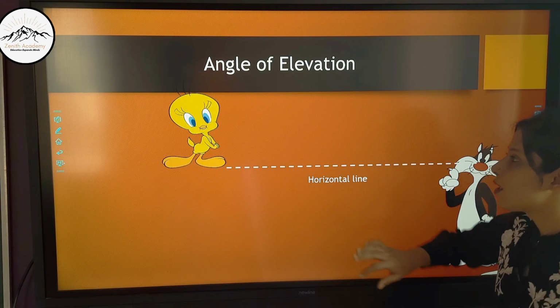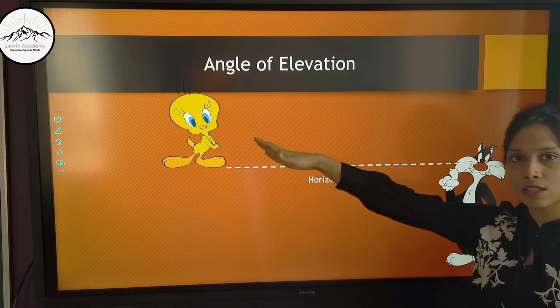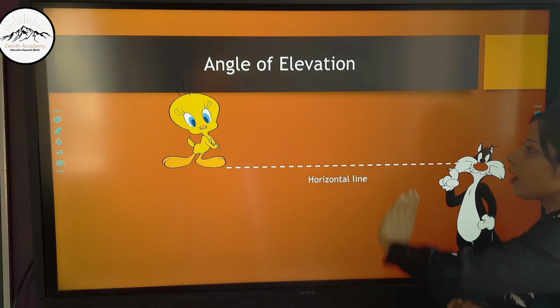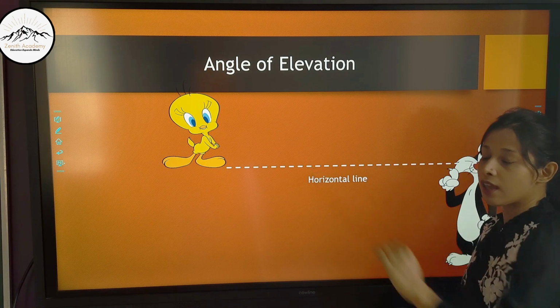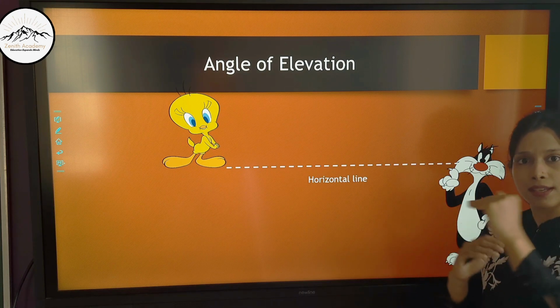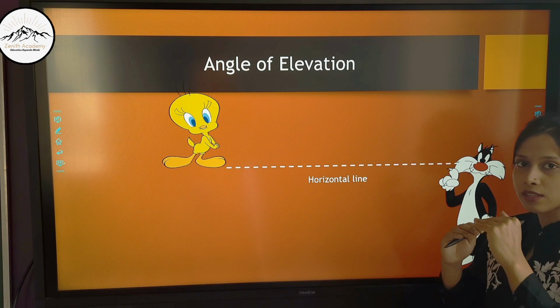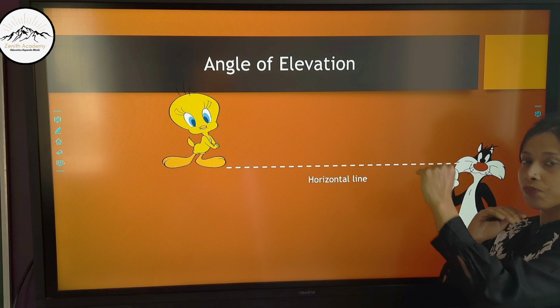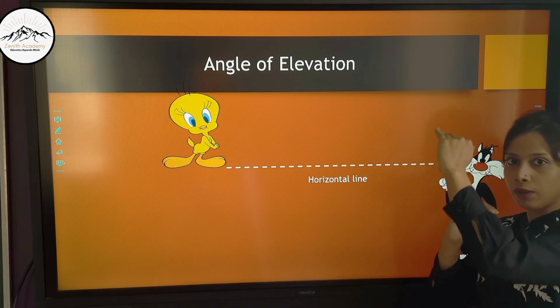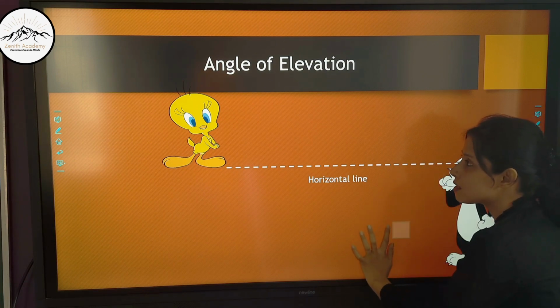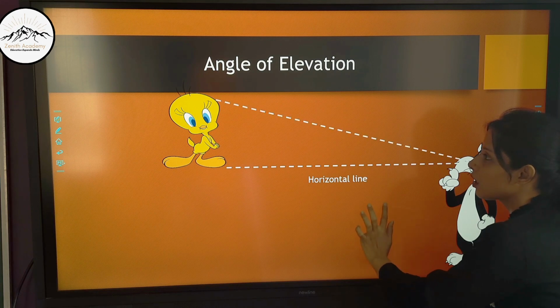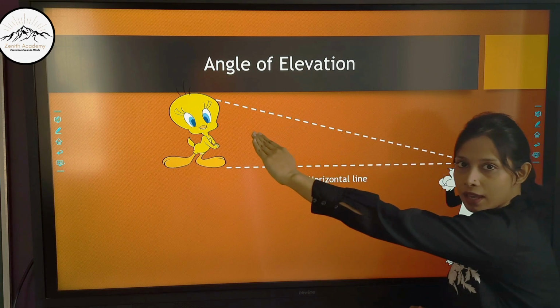Now, this is the bird. This is its prey, Tweety. This is at a height. Okay. So now, to chase its bird, Sylvester needs to tilt its neck and shift its sight upward. So when he shifts its sight upward, this will be its line of sight.